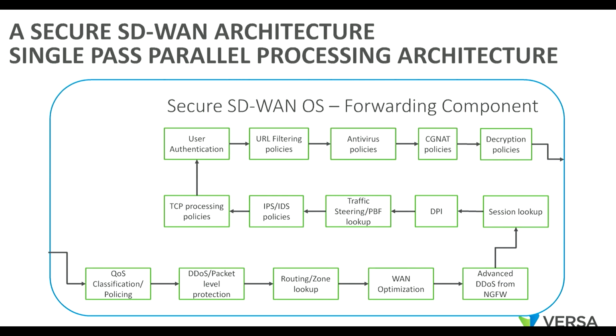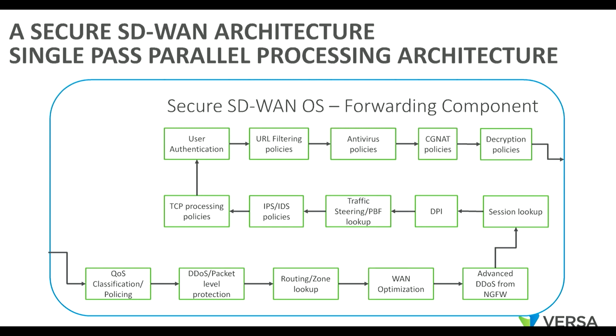And by the way, this is a very simplistic view of how packet processing happens across different modules, where getting the packet from the wire and parsing the packet is only done once.